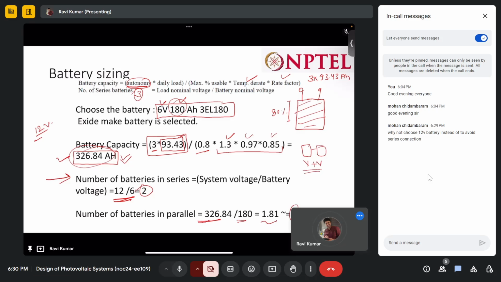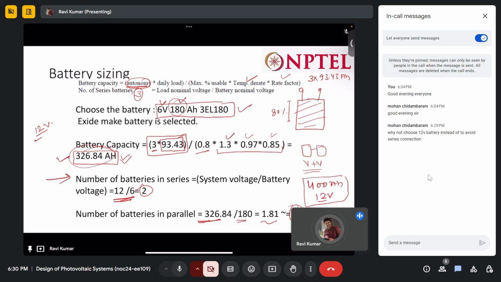So now we are requiring 2 batteries in series and 2 batteries in parallel, for the batteries we have chosen. Even this will change if, let's say, there is a battery available in the market that is 400 Ah and 12 volt. Then we will require only 1 battery.